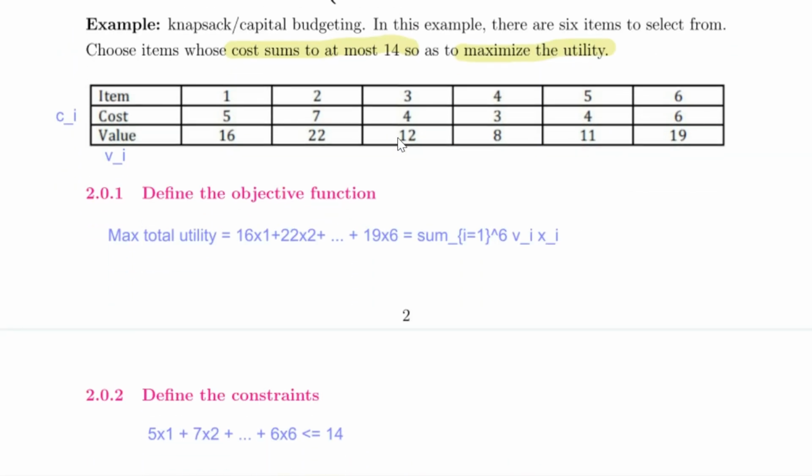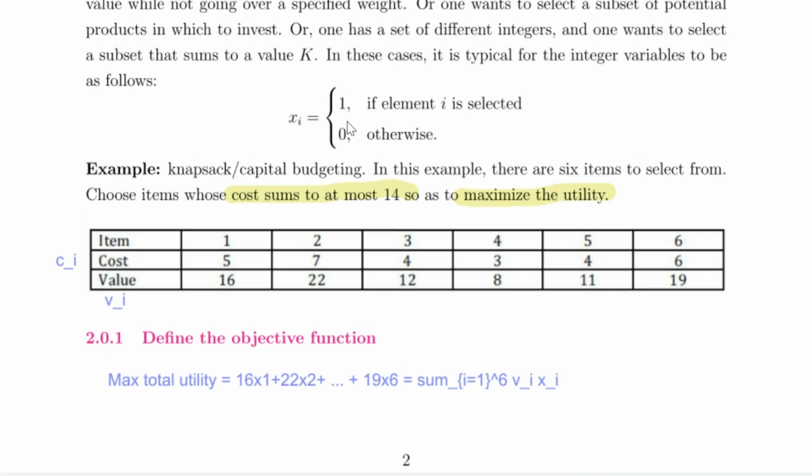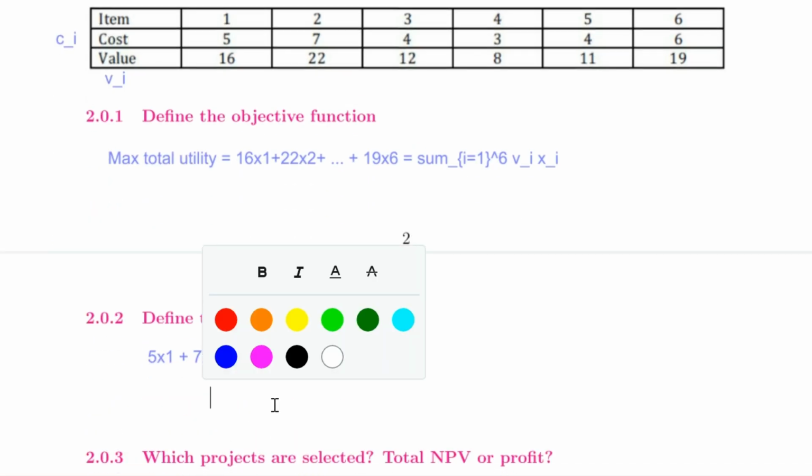And then we also have the binary constraint that xi can be either 0 or 1, xi in the set of 0 or 1.